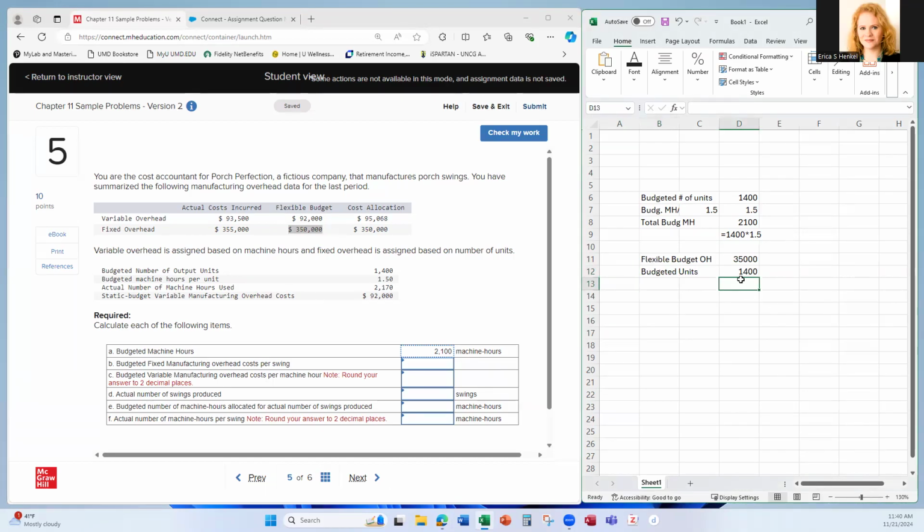Oops, and I think that should be 350,000. There we go. So that gets us an overhead cost per swing of 200 for the fixed, okay? Or per unit.